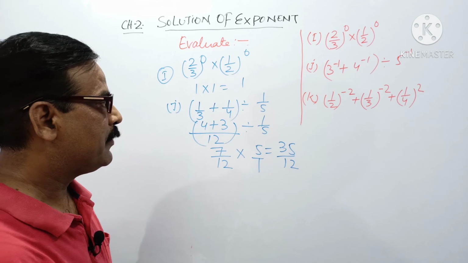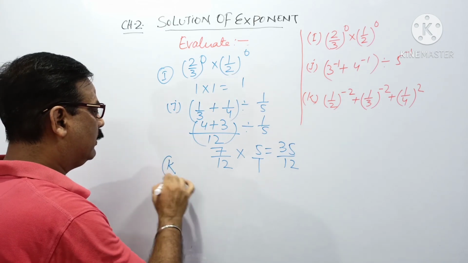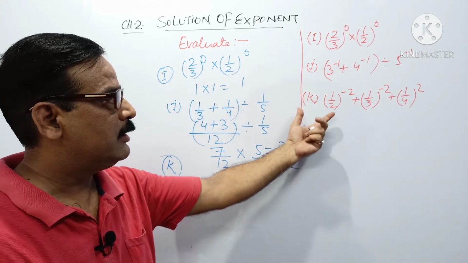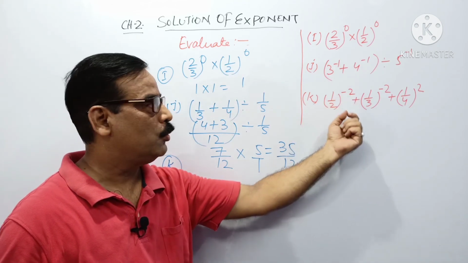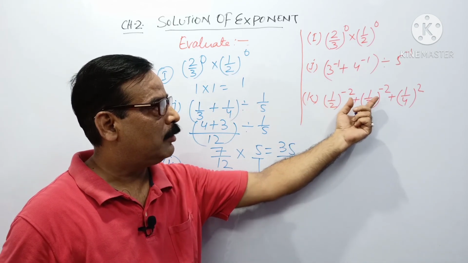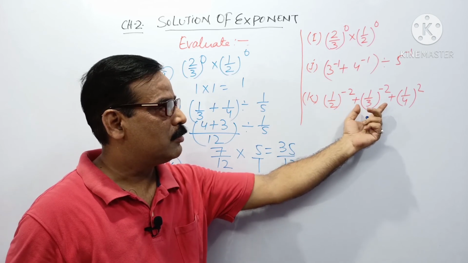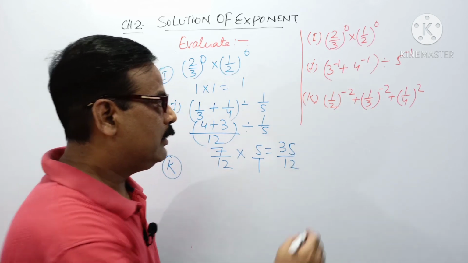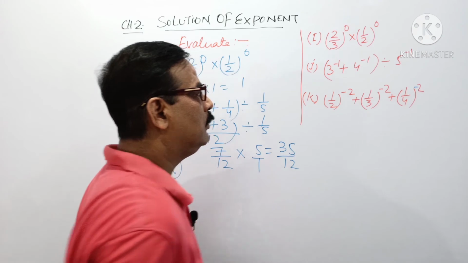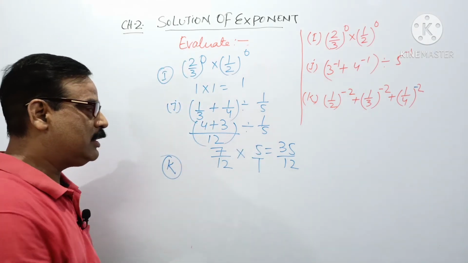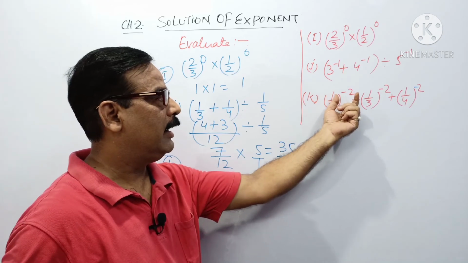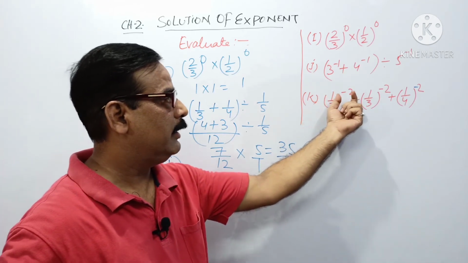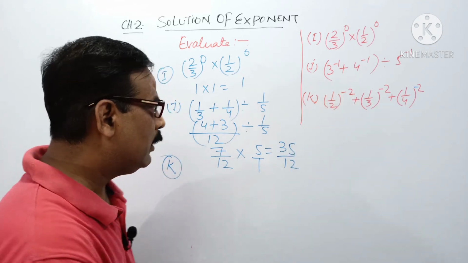You can write that. And the last question in this video is 1 by 2 to the power minus 2 plus 1 by 3 to the power minus 2 plus 1 by 4 to the power, also given as minus 2. From this question we can solve it as a negative exponent should not remain negative, so we can convert it into positive.